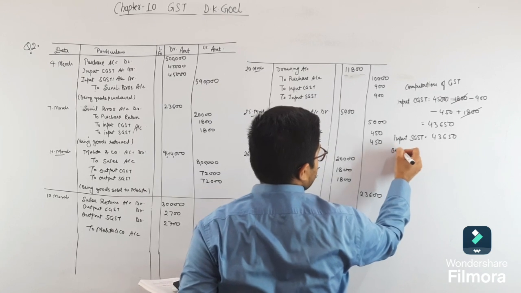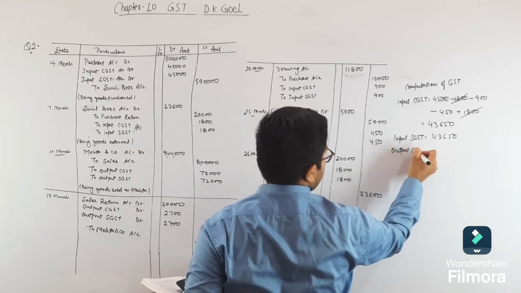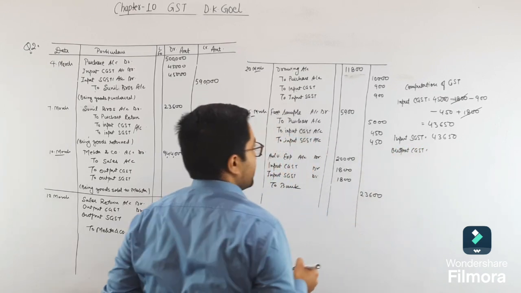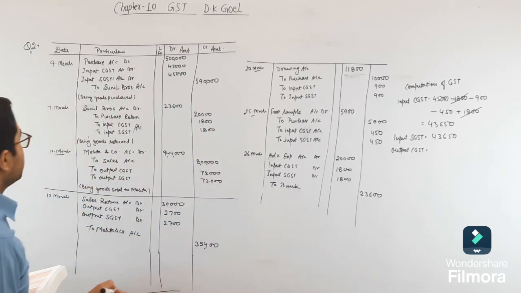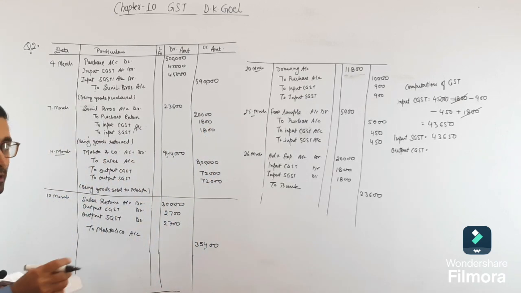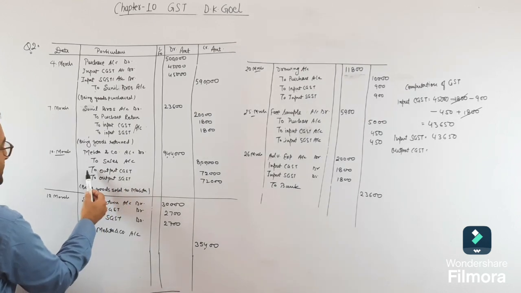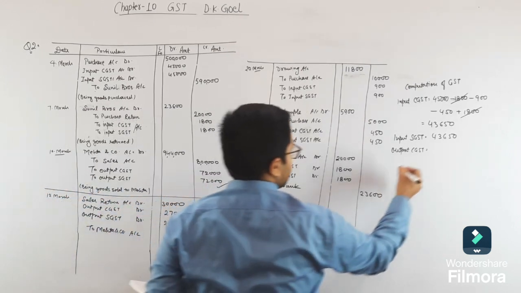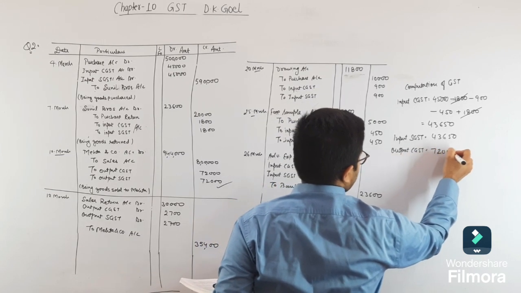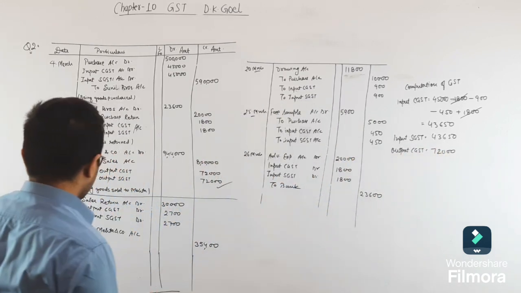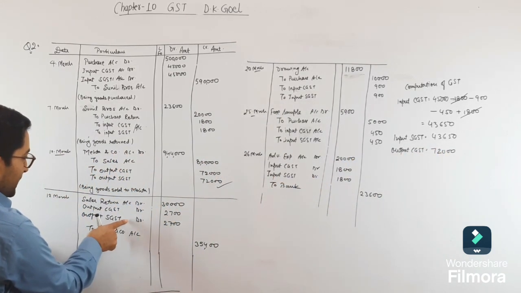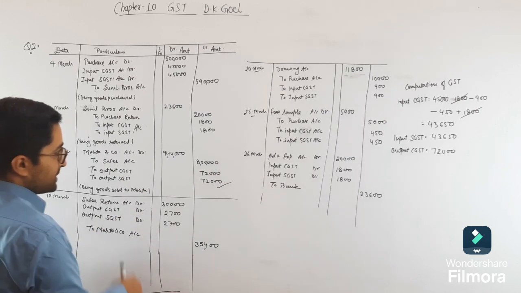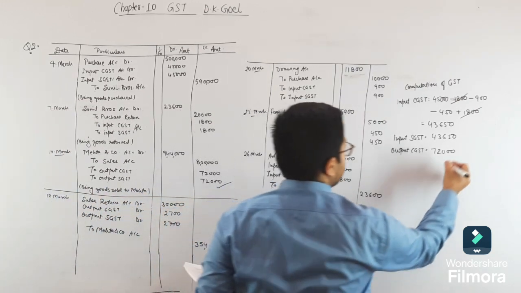Now output GST, output CGST. Now see where the output CGST, the nature of output is in the credit column. ठीक है, liability होती है ये. So here the output GST is 72,000. Again, but now see output GST in the debit, it means it is the negative value, minus 2,700.